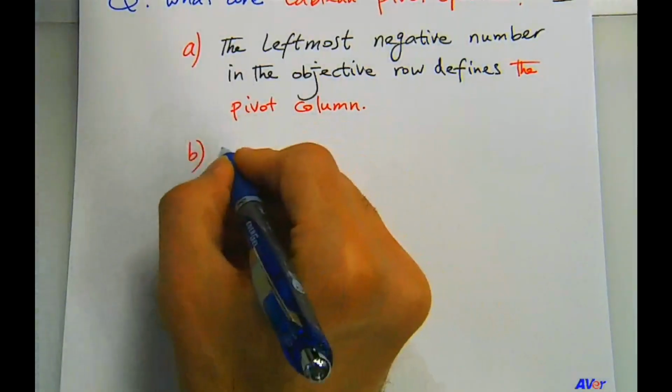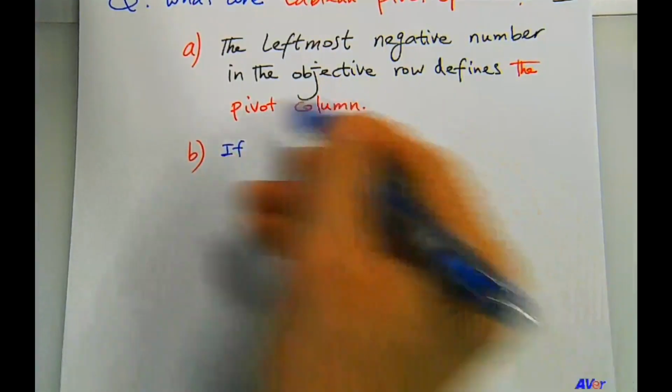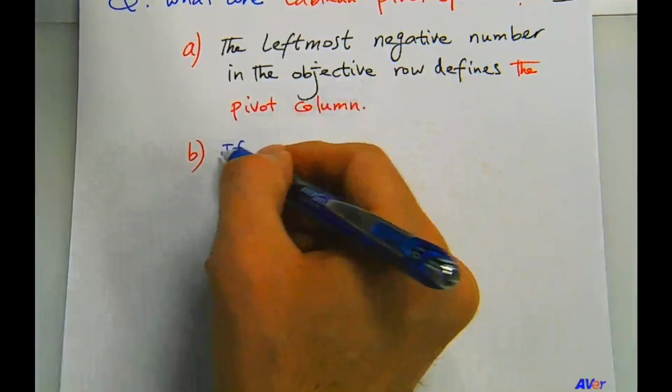So this is very important. Once we identify the pivot column, this comes next.